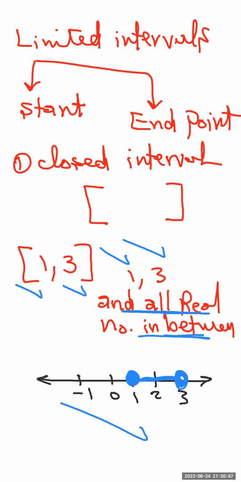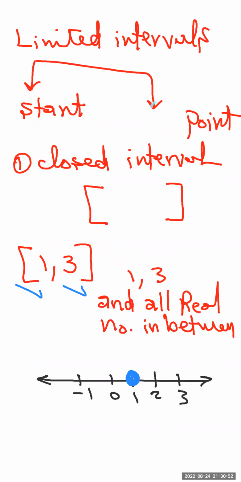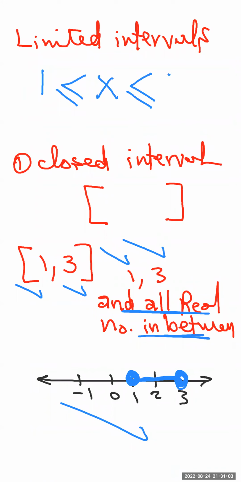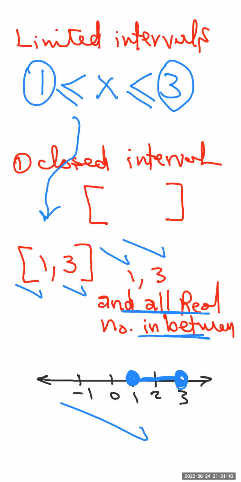One more point, and actually it's very important. If there is a relation given like that, guys, x greater than or equal to 1 and smaller than or equal to 3, and we want to represent it using intervals, it will be this interval. I will write the start point and the end point, and then check the symbols.